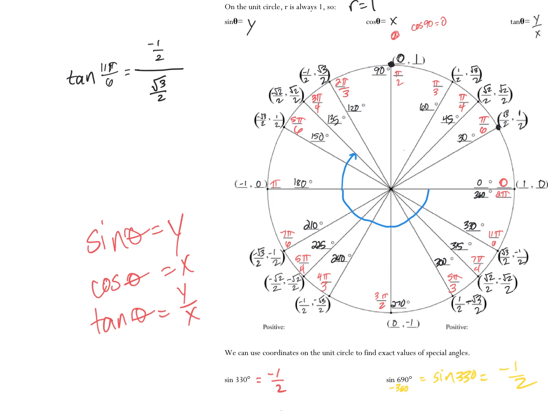Do you guys see how the denominators match? Let's just cancel out those denominators. In fact, you can always just ignore the denominators for tangent. Now that works out to -1 over the square root of 3.